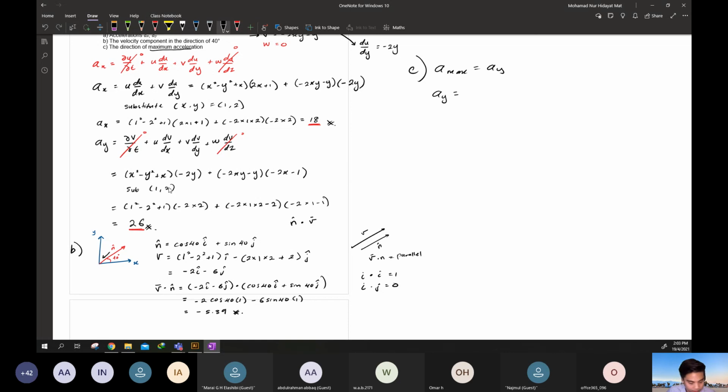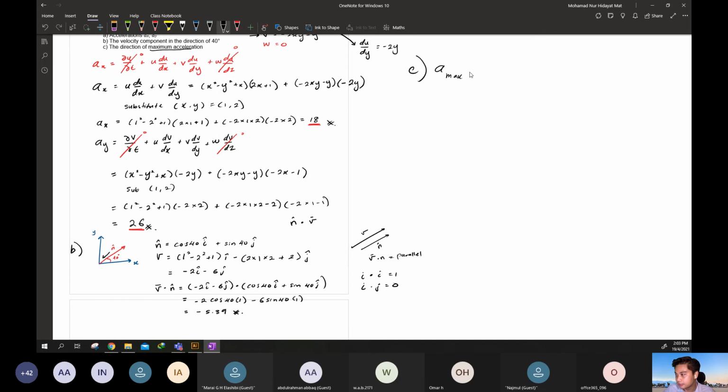Where is the AY? We already know AY is 26, but AX is 18. However, we cannot simply put A. When we consider the maximum, it is the combination of both.